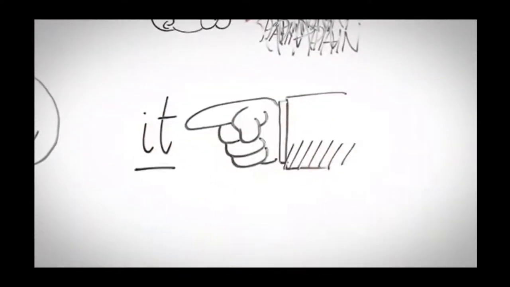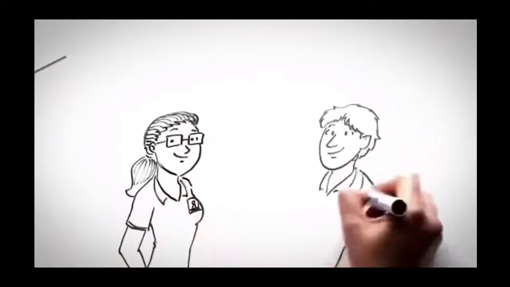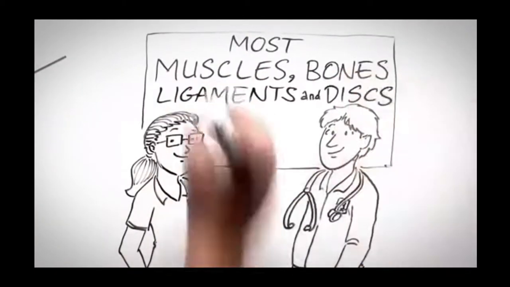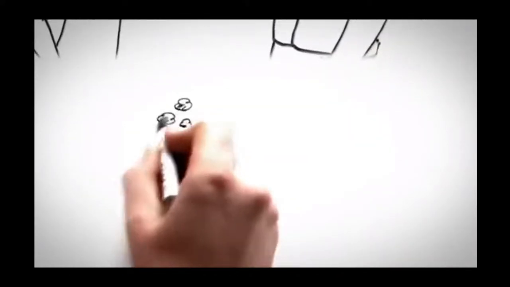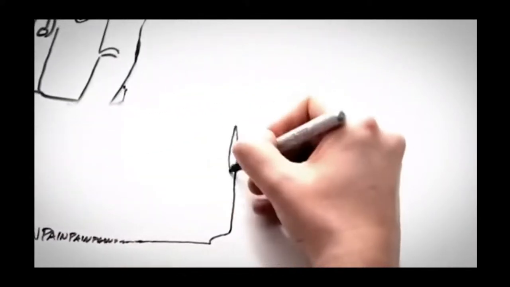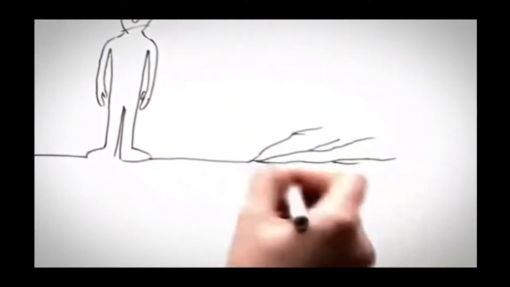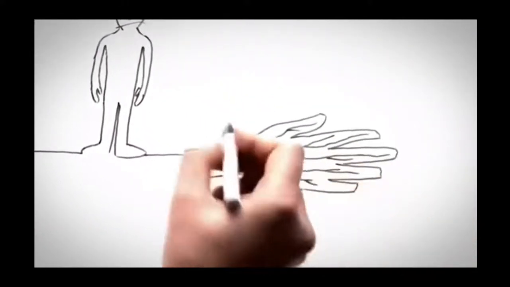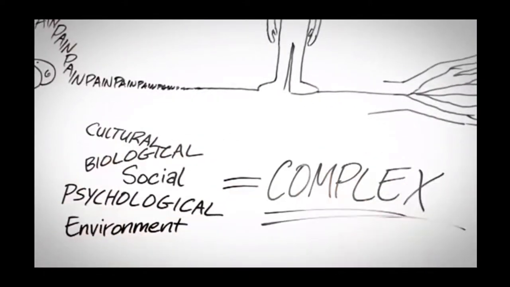But that's just it. Once anything dangerous is ruled out, health professionals can explain that most things in the body are healed as well as they can be by 3 to 6 months. So ongoing pain being produced by the brain is less about structural changes in the body and more about the sensitivity of the nervous system. In other words, it's more complex.